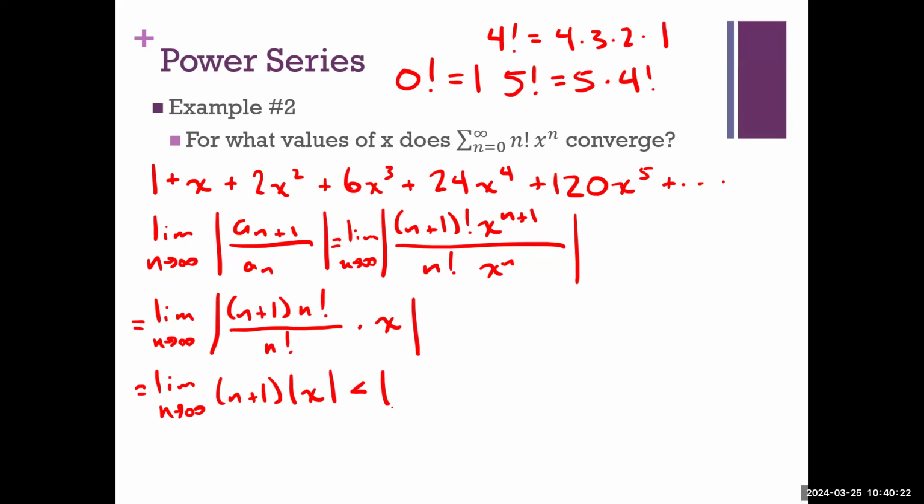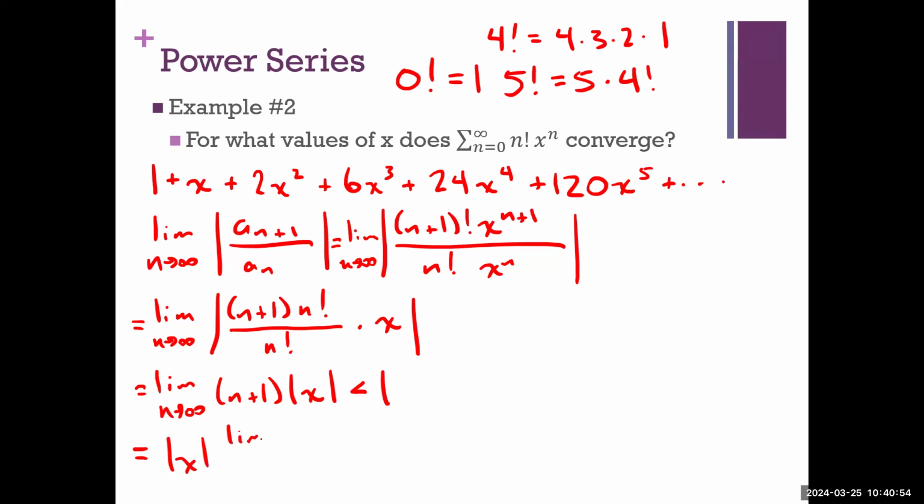What's going to have to be true of this thing? What is going to happen, so basically, I'm taking the limit as what? What am I allowing to change in this limit? Just n, right?